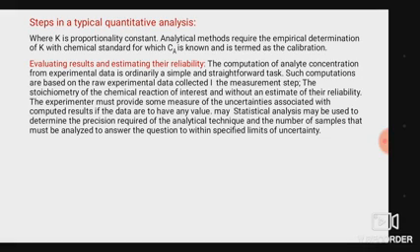An analytical method requires the empirical determination of K with chemical standards for which Ca is known, and this is the calibration. So one of the most important steps in the analysis is the calibration of the method or instrument.